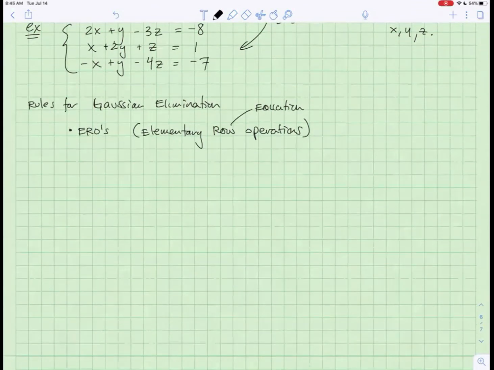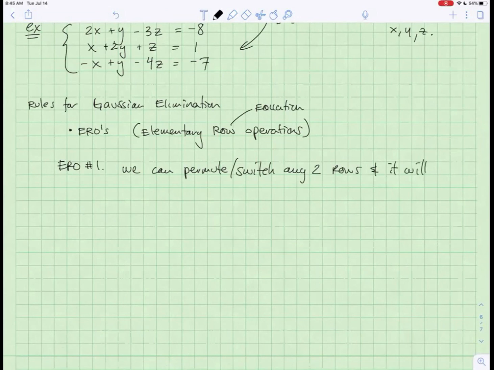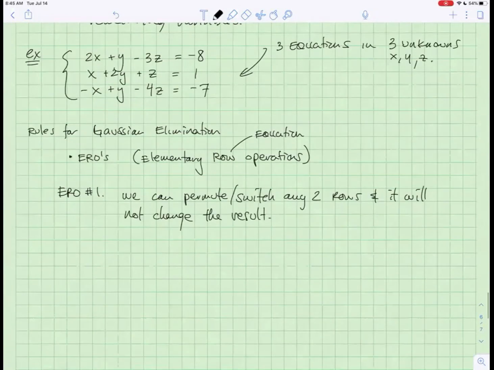ERO number 1. We can permute or switch any 2 rows, and it will not change the result.